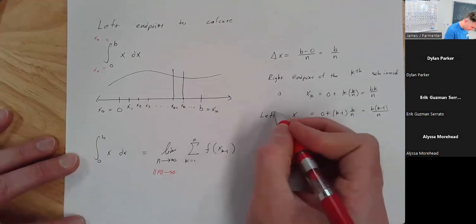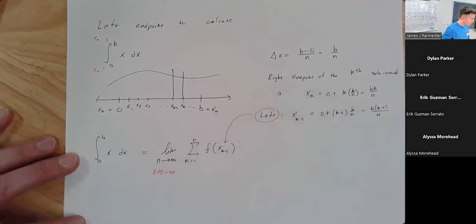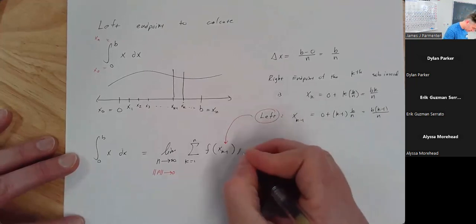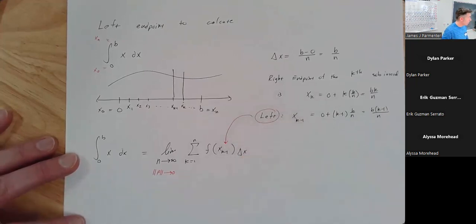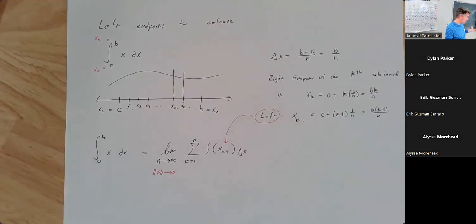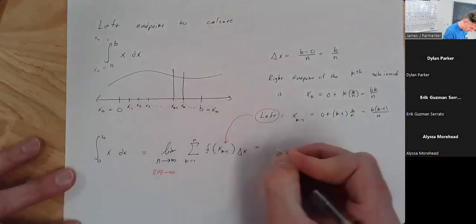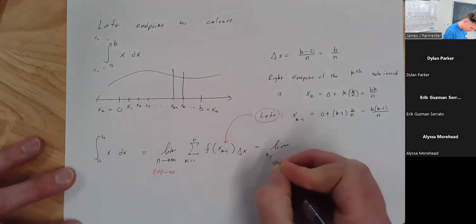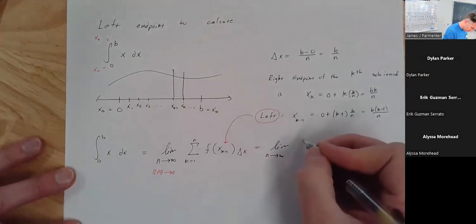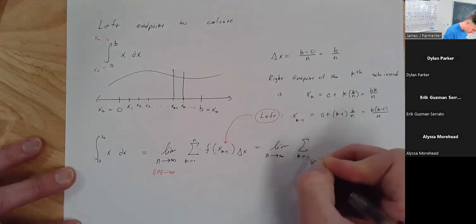It's my left endpoint. Still times delta x. It's always the same definition, essentially. It's always the function height times the rectangle width to get the area of the rectangle. And then, the limit as n goes to infinity of the sum from k equals 1 to n.